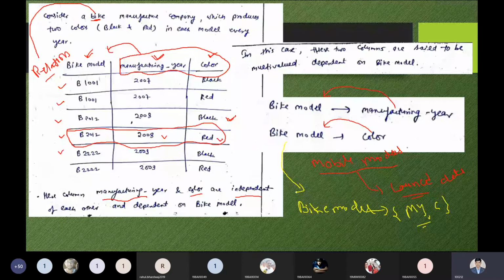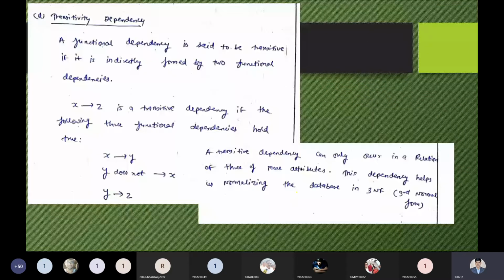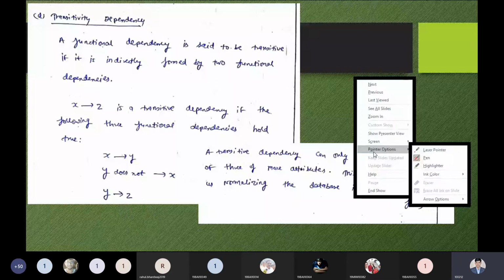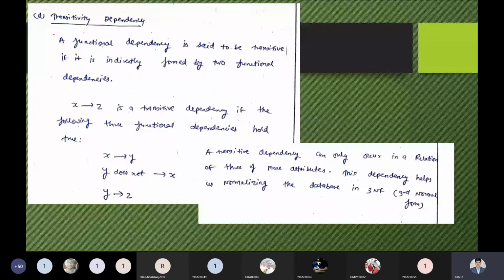So next example, we have the transitivity dependency. A functional dependency is said to be transitive if it is indirectly formed by two functional dependencies. So you have to take care of your example properly. A functional dependency, or FD, is said to be transitive if it is indirectly formed by two functional dependencies, and of course this dependency is derived by the transitivity rule.